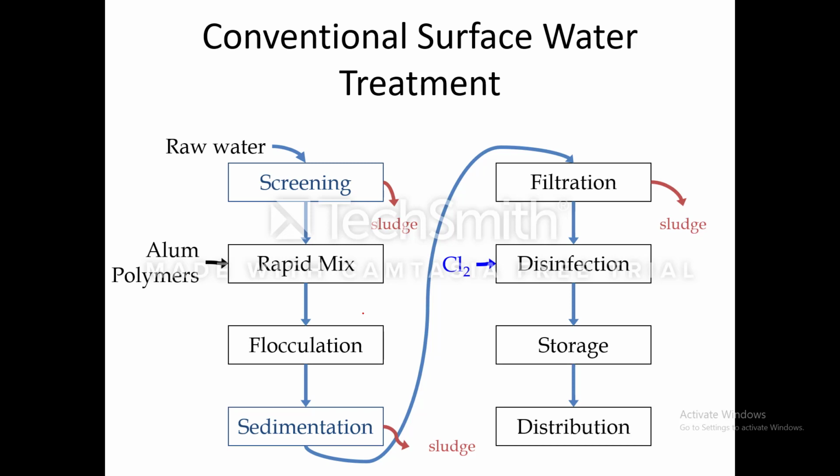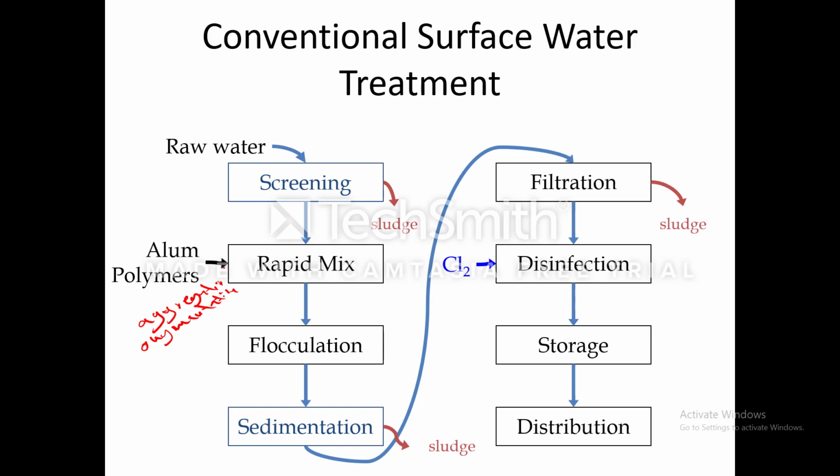Then we add alum and polymers with rapid mixing, and we have flocculation, also named aggregation, or agglomeration, which means collecting particles together and forming large particles which will settle faster.